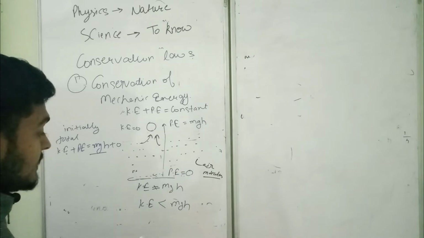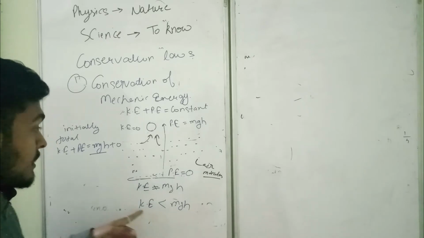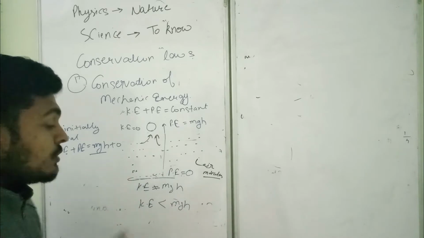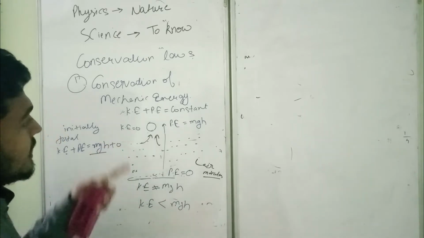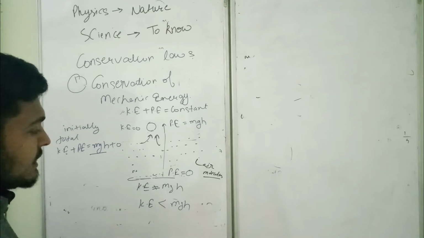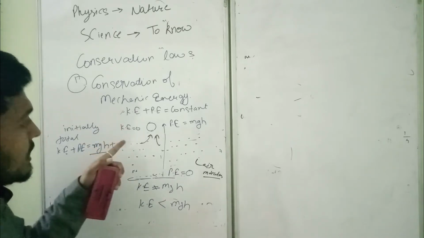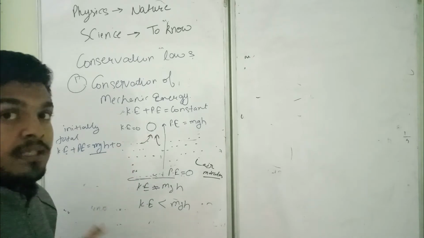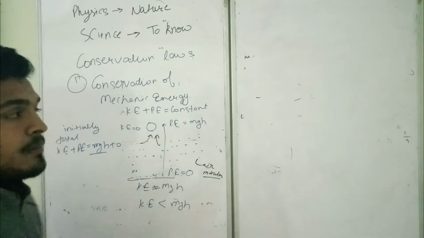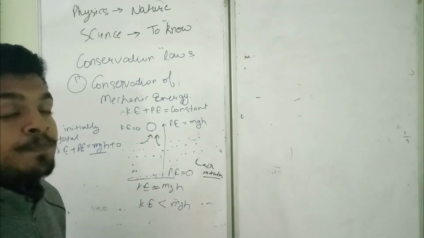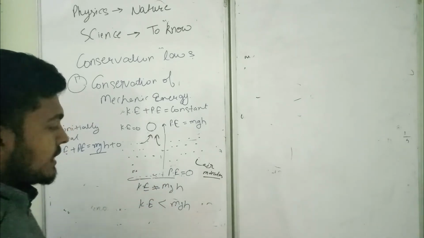So here what we can say? We can say that the total mechanical energy is not conserved, because before and after, the total kinetic plus potential energy is not the same, because some of the potential energy has been converted to heat or sound energy.